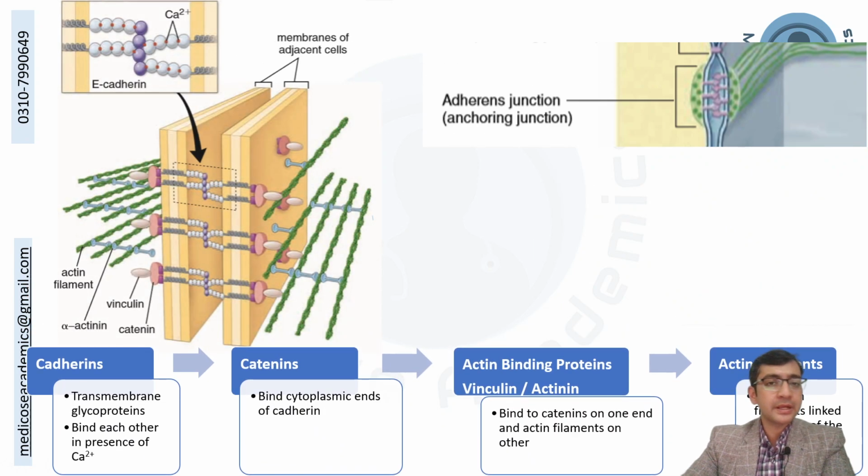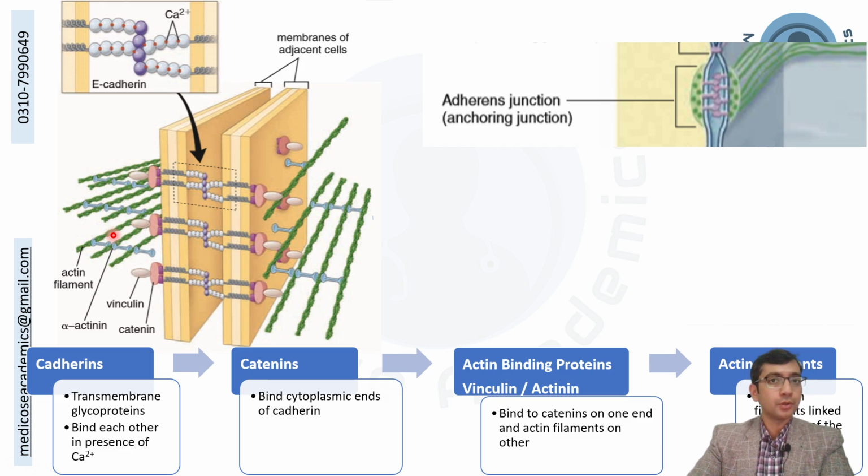So here is a picture from Michael H. Ross's textbook of histology, Ross and Pawlina, and here is the cadherin molecule shown, and this is the extracellular domain of the cadherin molecule, and the neighboring cells join to one another in the presence of calcium, and the intracellular domain is attached to catenin through vinculin and actinin, and joined to the actin terminal web.